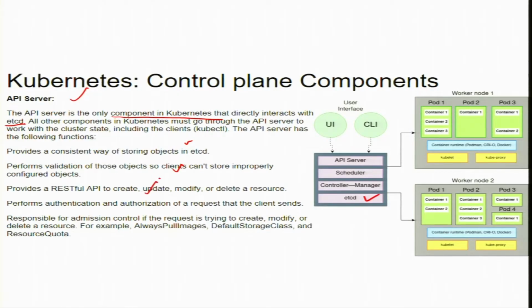It provides the RESTful API to create, update, modify or delete the resources. It performs authentication and authorization of requests that the client sends, and it is also responsible for admission control if a request tries to create, modify or delete a resource.